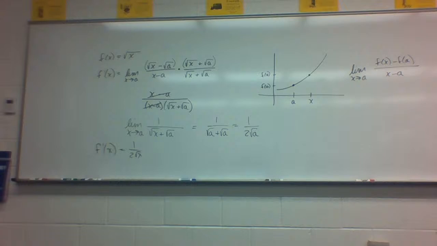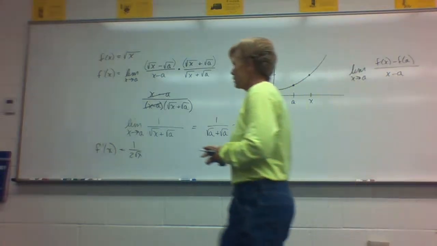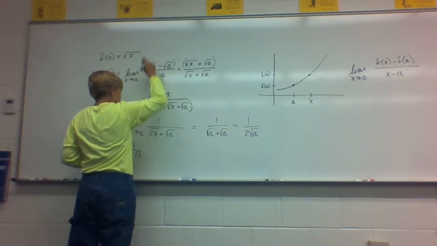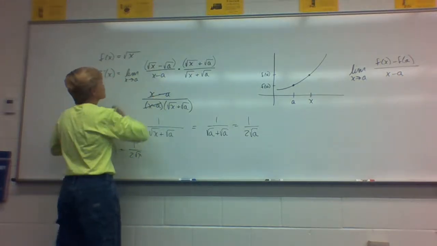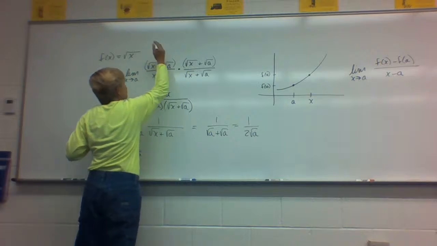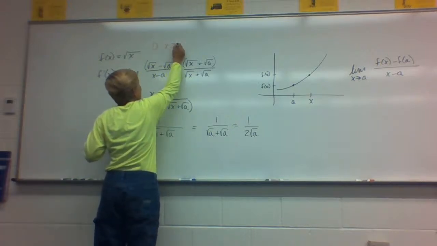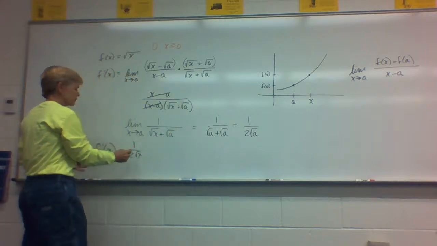Okay, here's an interesting thing to note though. Can anybody tell me what the domain of this function is? 0 to infinity. Is 0 included? Yes. What is the domain of our derivative function?